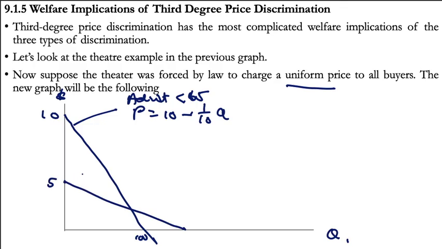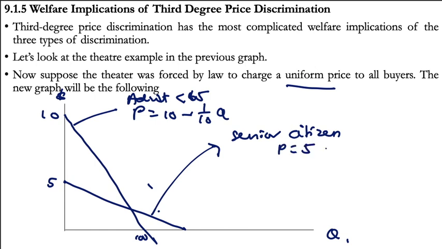This one is 5, and it is for the senior citizens. If you recall the demand curve, it looks like this: P equals 5 minus 1/30 Q. Okay, so that's it.